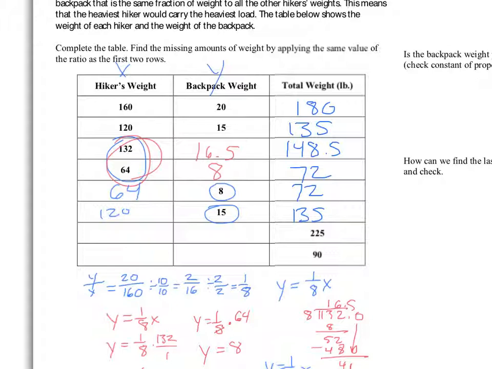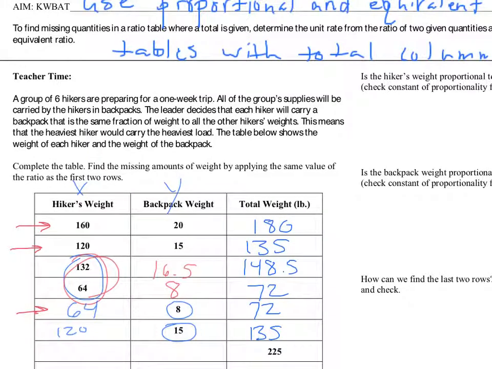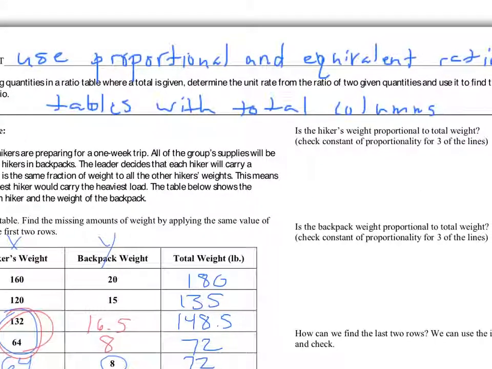So let's go ahead and look at just 3 of the lines. I'm going to pick the lines that appear to be easiest to work with. This one, and this one. And I'm going to go ahead and just calculate the constant of proportionality for the total weight and the hiker's weight.